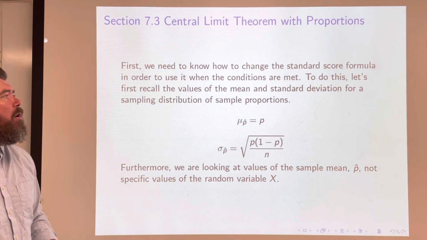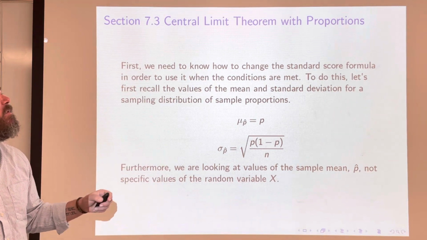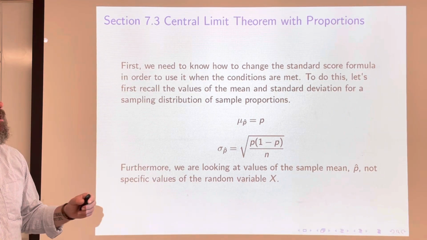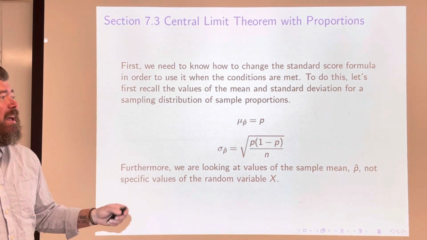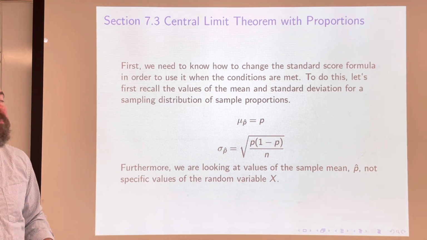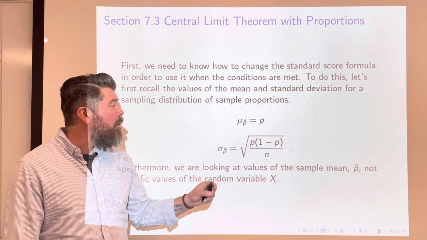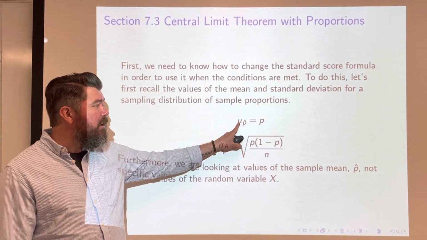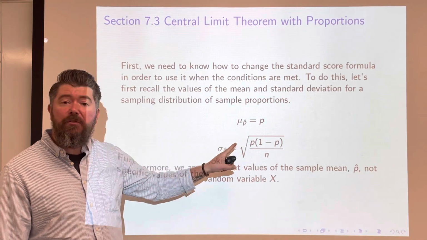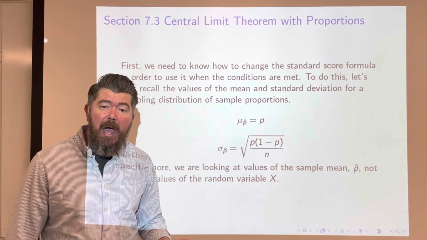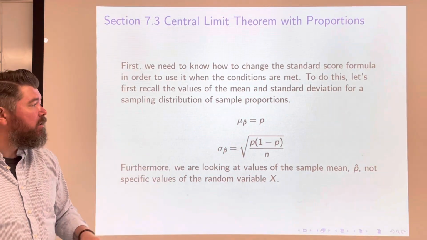First, we need to know how to change the standard score formula in order to use it when the conditions are met. To do this, let's first recall the values of the mean and standard deviation for a sampling distribution of sample proportions. It turns out that the mean of our sampling distribution of sample proportions, which we denote by mu of p hat, is our proportion p.